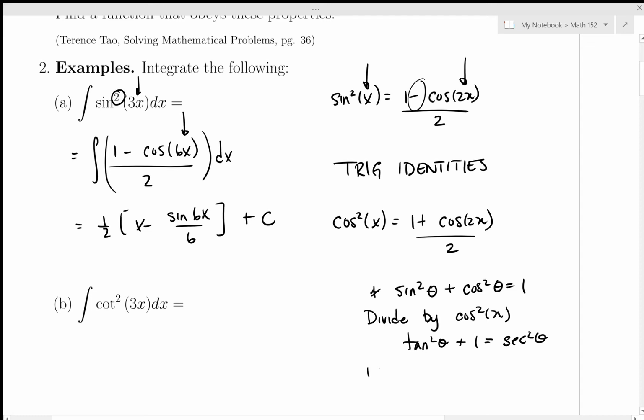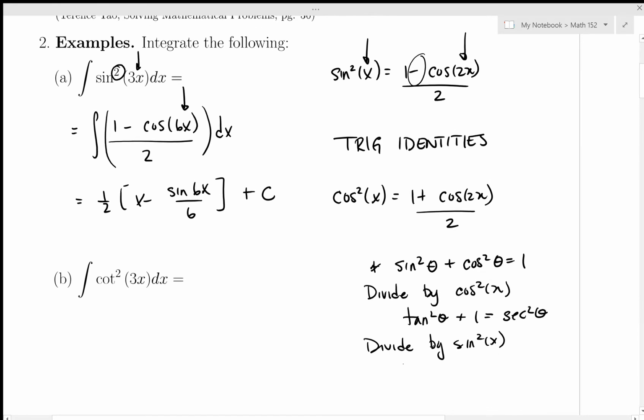I'm going to divide that same starred Pythagorean theorem through by sine squared, and that is going to get me this one, 1 plus cotangent squared theta is cosecant squared theta. So you don't have to memorize those ones. You can generate the other two from this one.